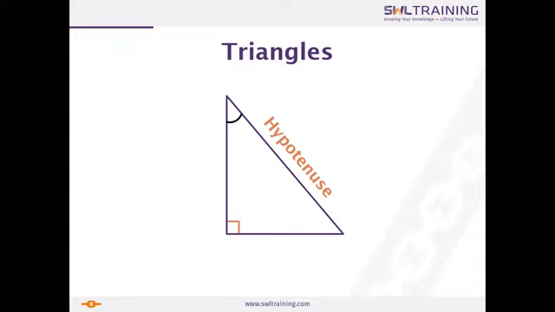So of course, the adjacent side, adjacent meaning next to, would be next to the angle. And then you would have the opposite side. Of course, if you're referring to the other angle in the triangle, then those sides would switch around. So the adjacent next to the angle, and then the opposite side opposite the angle.